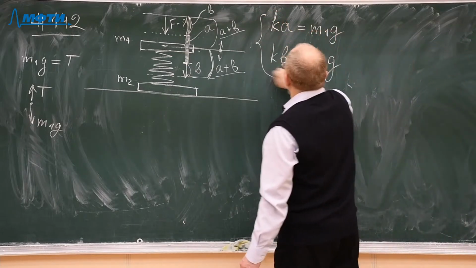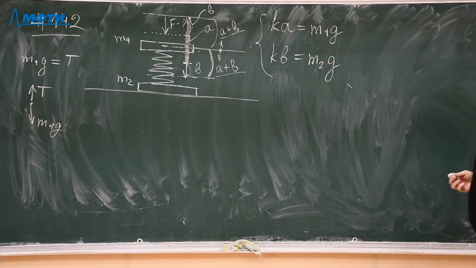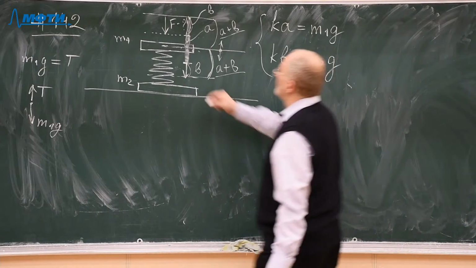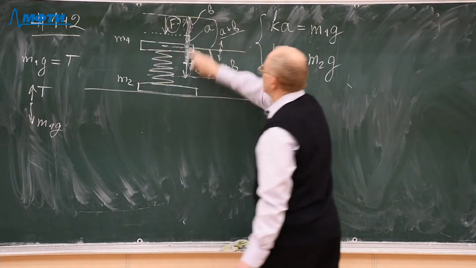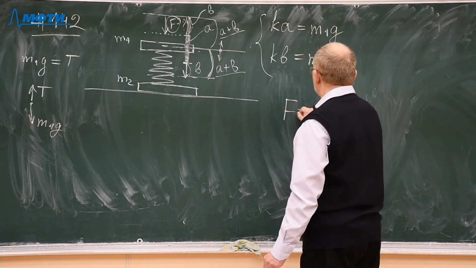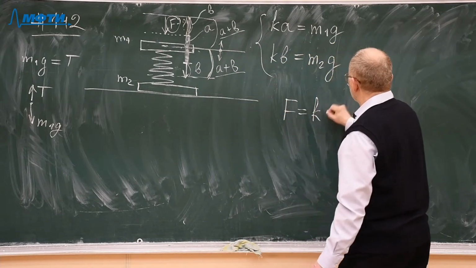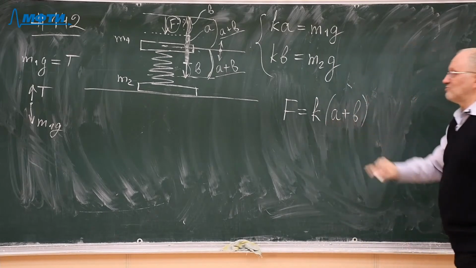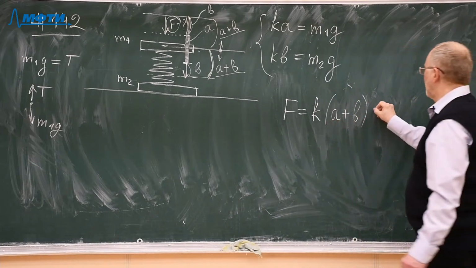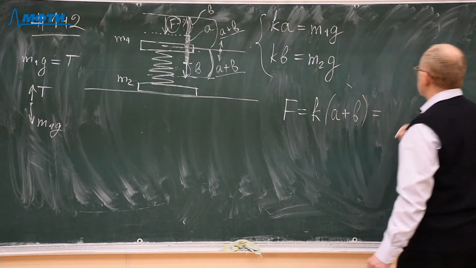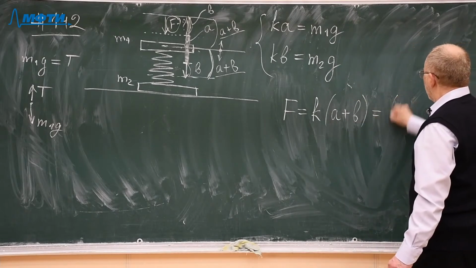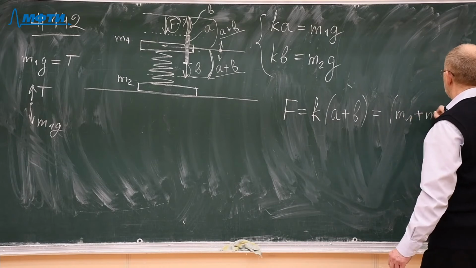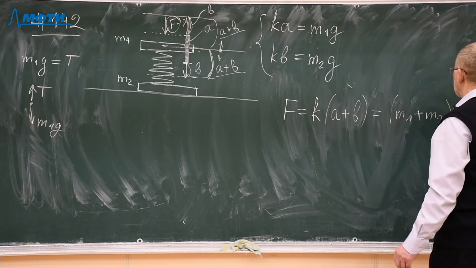So these are two equations which give the answer to our problem. What force should be applied to the upper plate? The force should be equal to the spring rigidity times the amount of deformation of the spring. And from these two equations, it must be m1 plus m2 times g.